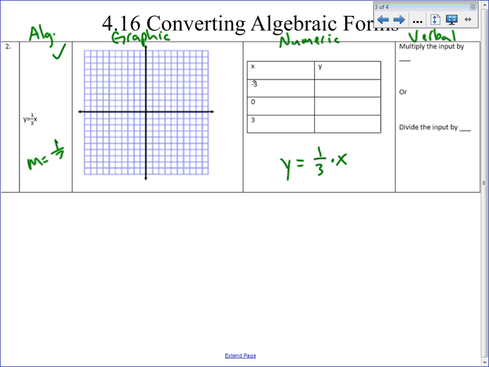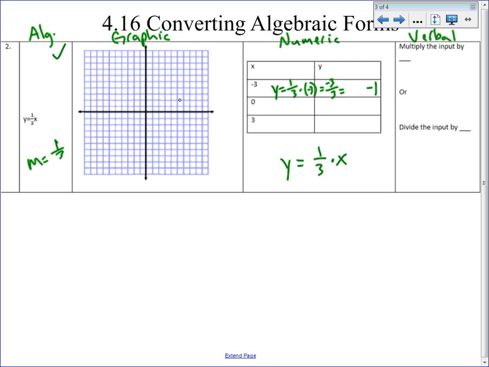If this is our x value of -3, then y is going to equal 1/3 times -3. 1/3 times -3 equals -3/3, which is just -1. So our y value in this case is -1.